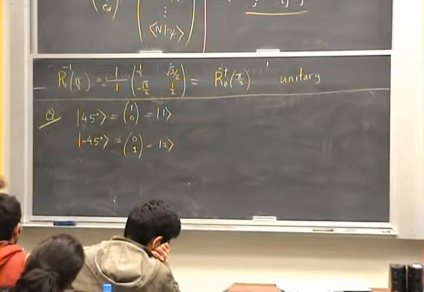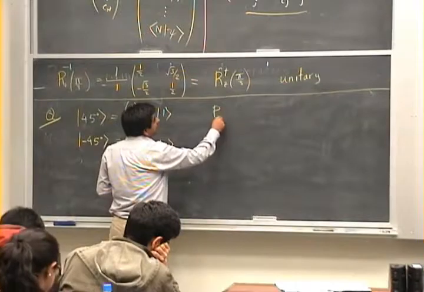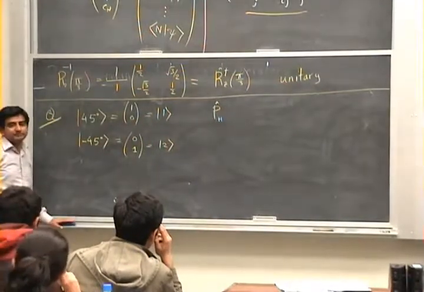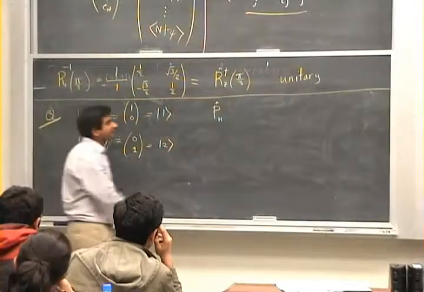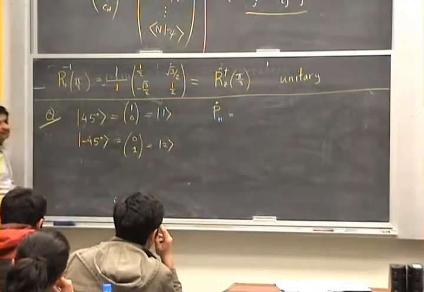Now what I would like to do, I have PH, the projection operator that projects states onto the horizontal axis. I would like to find its matrix representation in this basis.